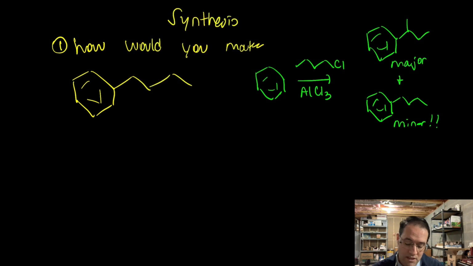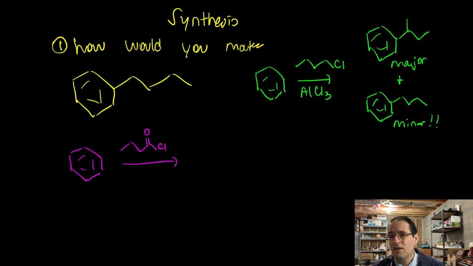Instead, what we would need to do is take our aromatic ring, here it's just benzene, and treat this with our acid chloride that has the 4 carbons in the exact shape we want, here straight chain, with aluminum trichloride, and that would get my acyl group.